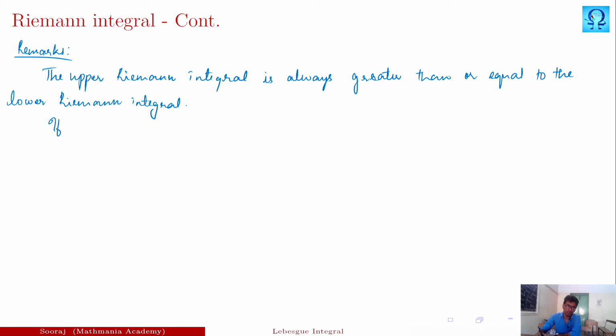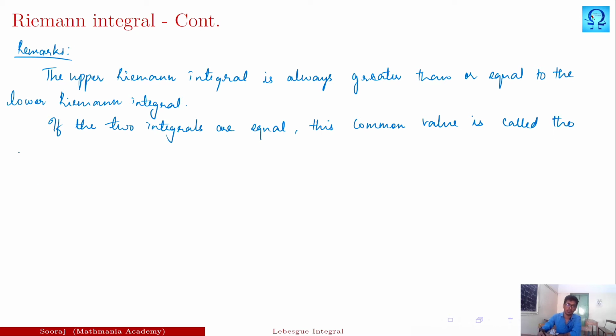If the two integral values are equal, this common value is called the Riemann integral of the function f, and is denoted by R integral of f(x) dx.